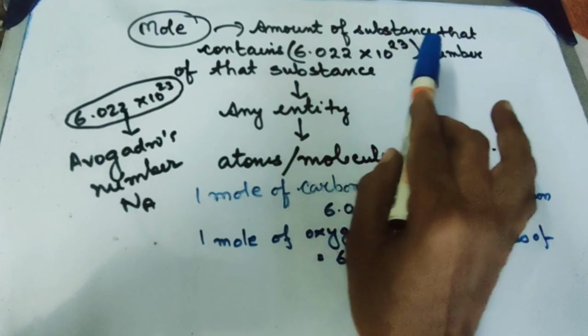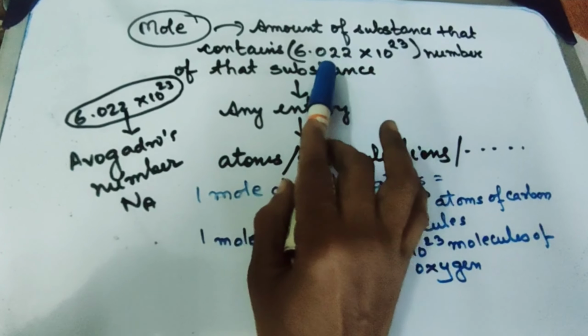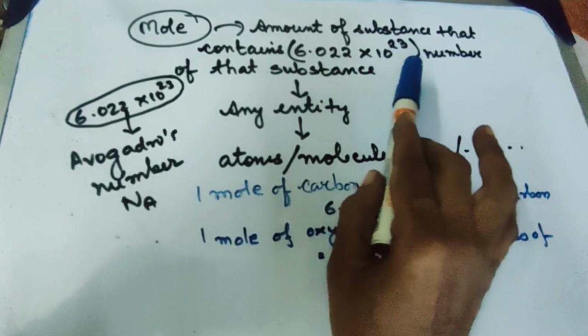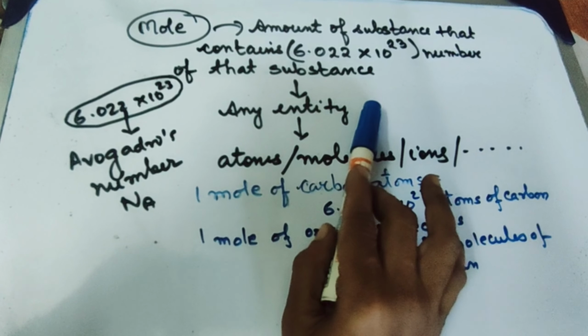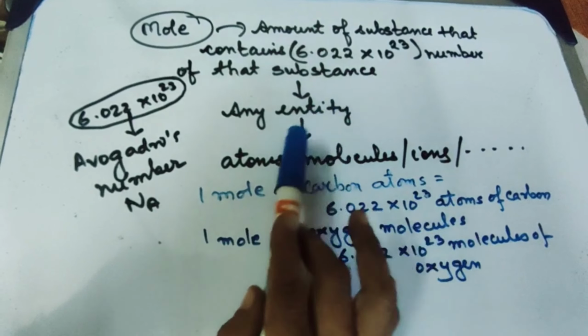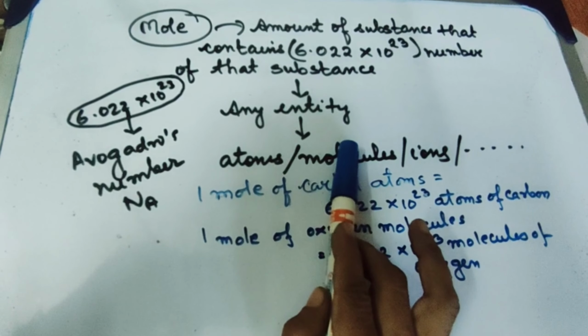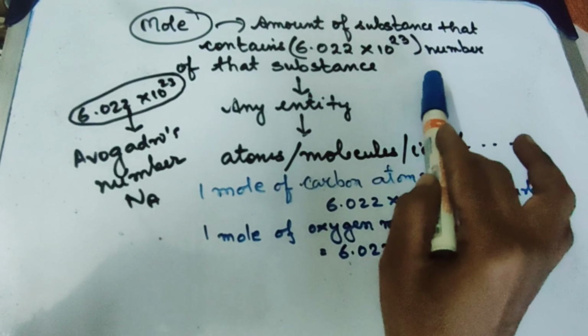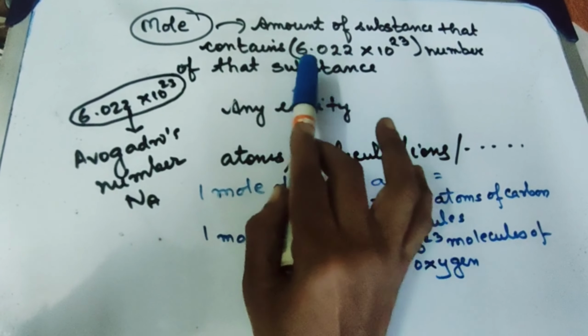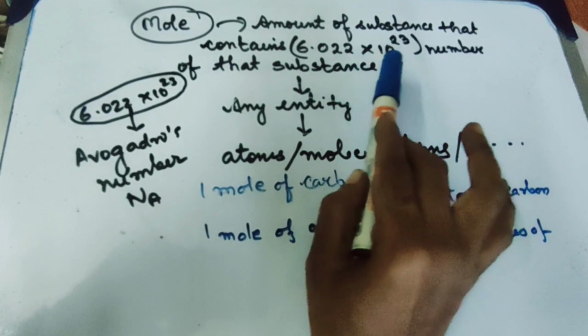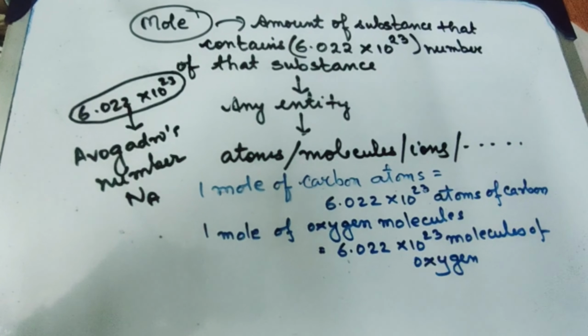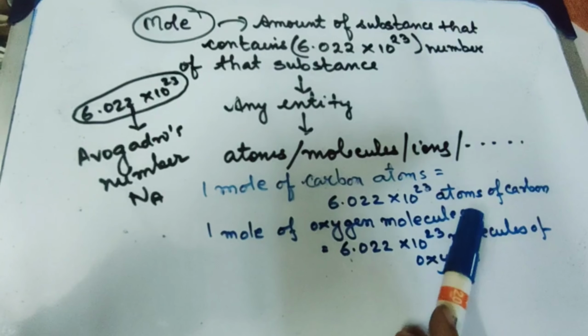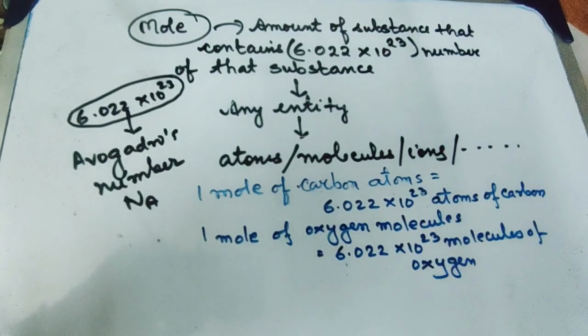So amount of substance that contains 6.022 into 10 to the power of 23 number of that substance. Meaning 1 mole of atom, 1 mole of molecule or 1 mole of ion, any entity, its one mole means 6.022 into 10 to the power of 23 number of that entity, whether it is atom, molecule or ion.